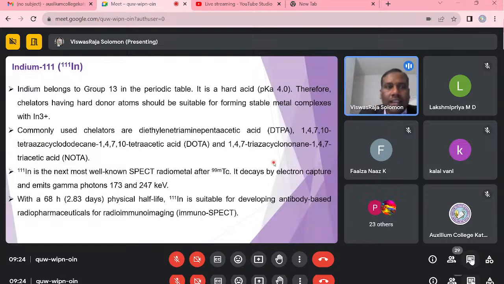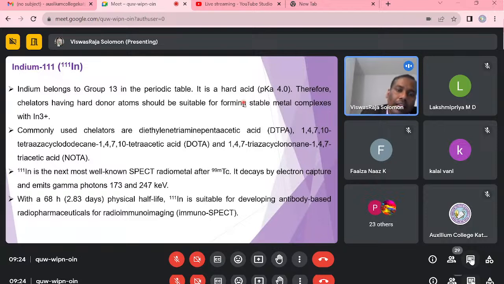For this study, we want to develop a PET tracer. That's why we decided to work with indium 111. Indium 111 is placed on the periodic table in group 13. It has the nature of a hard acid. It has a pKa of 4. That way, it forms strong, stable metal complexes with hard donor atoms.